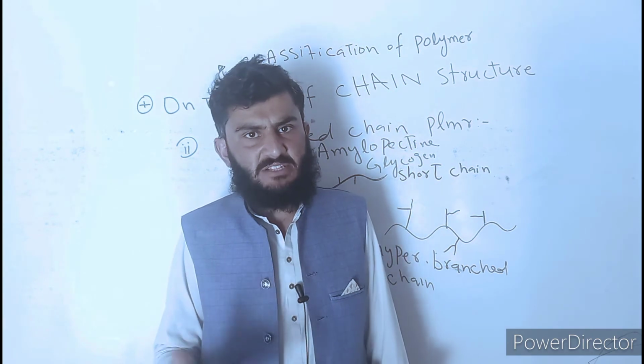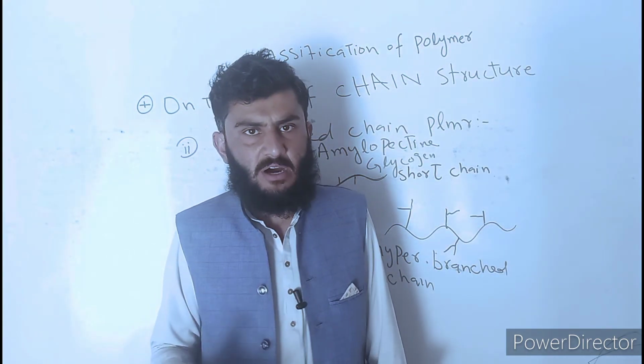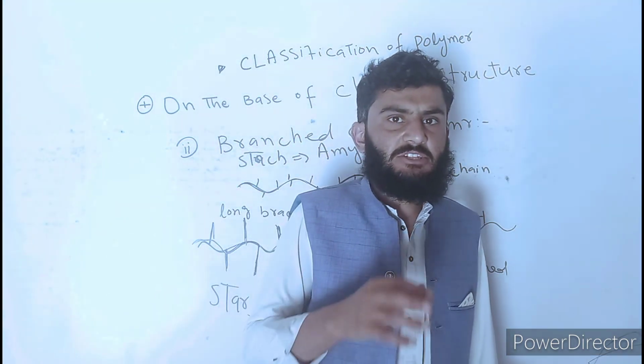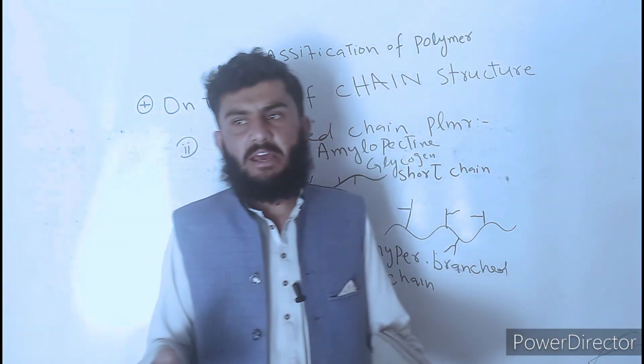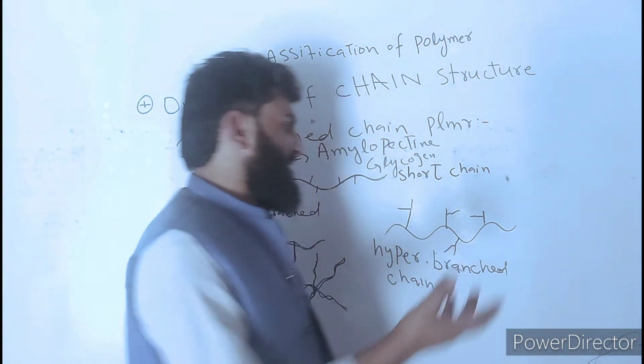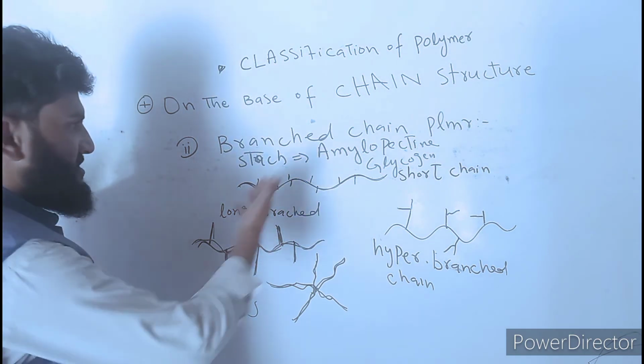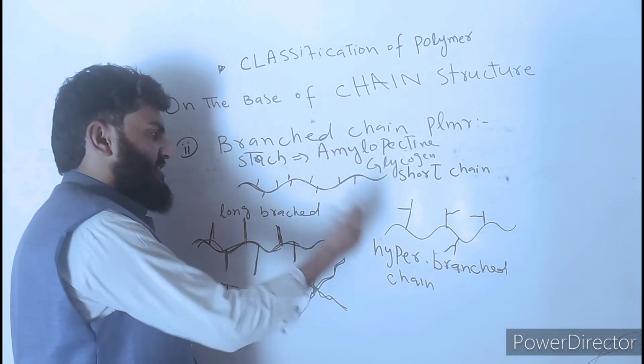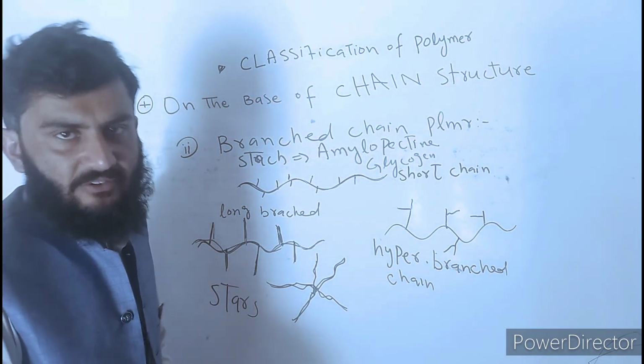But in starch, amylopectin or glycogen, the glucose chains are branched. So these branches can be short chain, long chain, hyperbranched, and also in a star form.